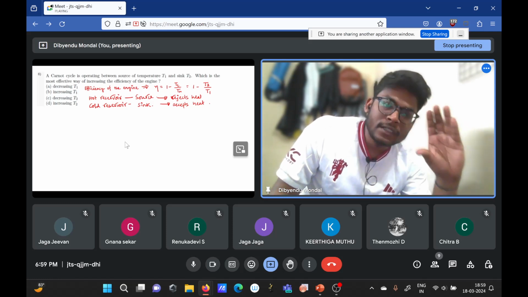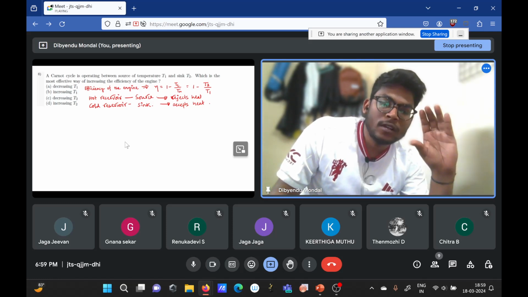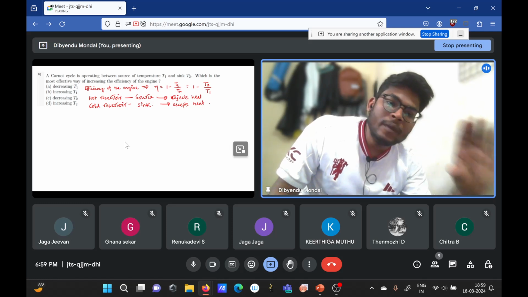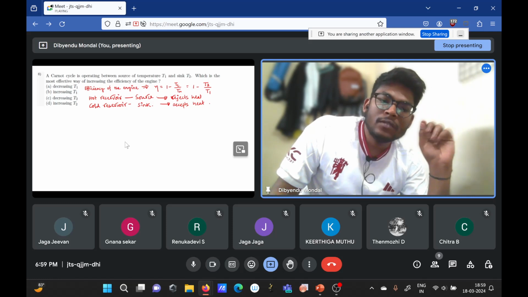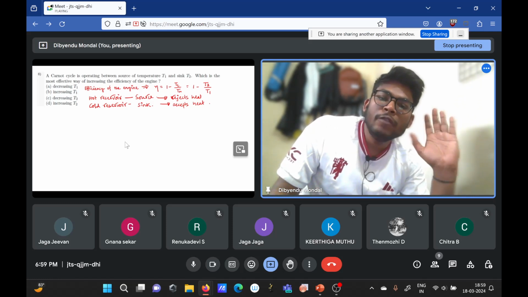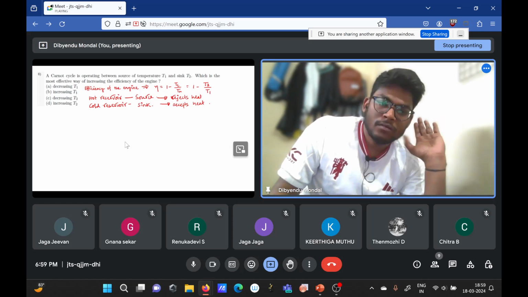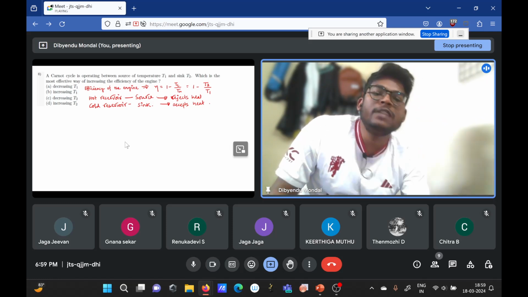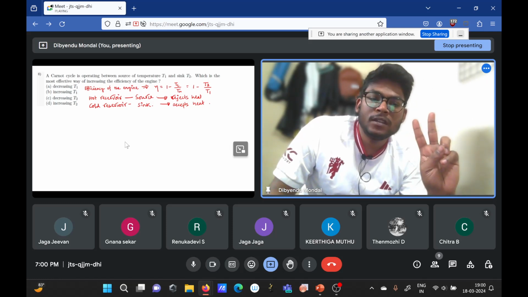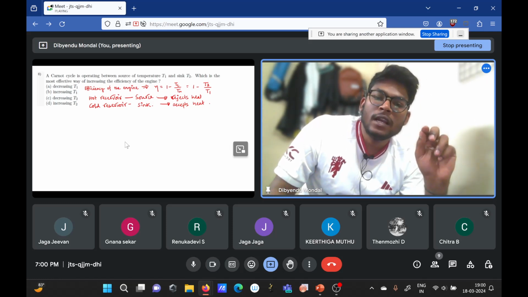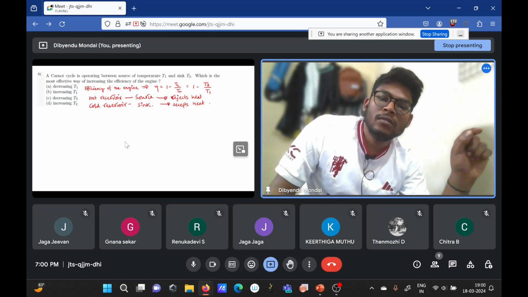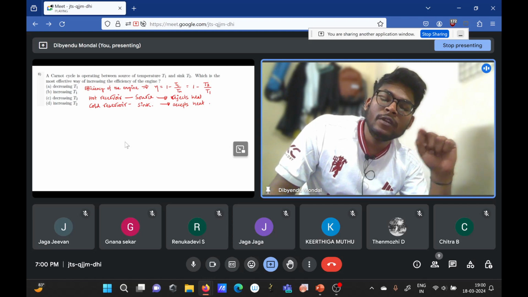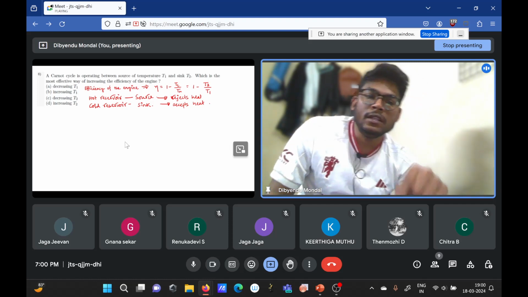If we decrease this ratio of T2 by T1, then the efficiency will be increased. Now, how can it be decreased? First, if we increase T2, or if we decrease T1, two possibilities, because T2 is the numerator and T1 is the denominator. So if we increase T2, eta will increase. If we decrease T1, eta will increase, right?